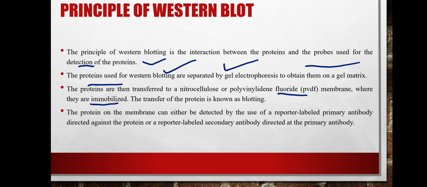That means they are blocked. The transfer of proteins to a membrane is called blotting. The proteins on the membrane can be detected either by using a reporter labeled primary antibody directed against the protein, or a reporter labeled secondary antibody directed at the primary antibody.